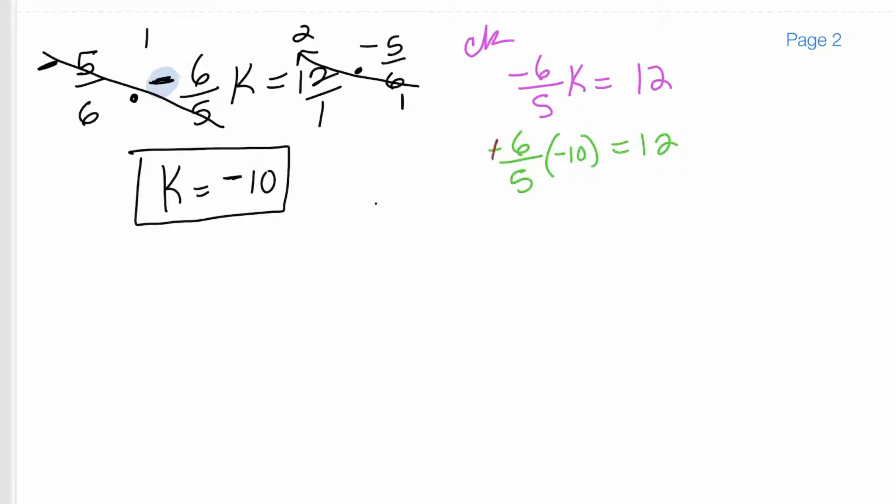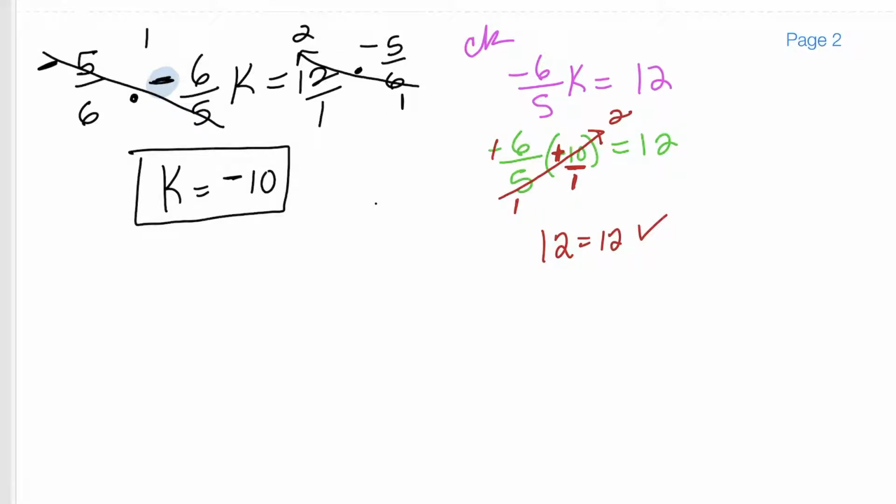A negative times a negative will give me a positive, okay? Again, this is like saying 10 over 1. 5 goes into 10 2 times. 5 goes into itself 1 time. So then that just becomes 6 times 2, which is 12. 12 is equal to 12. That is correct, and that checks.